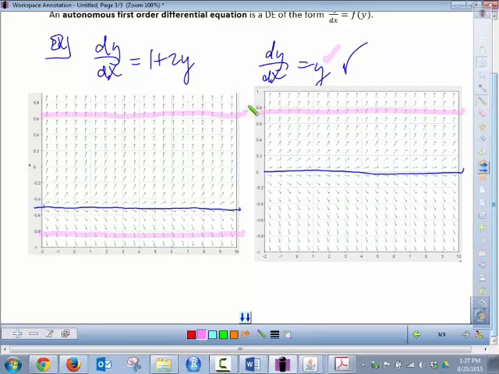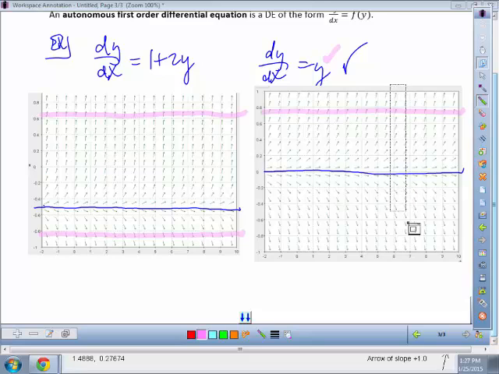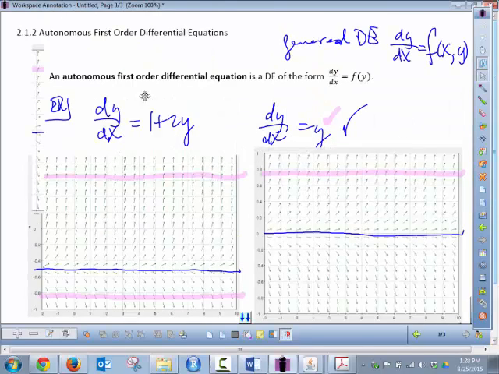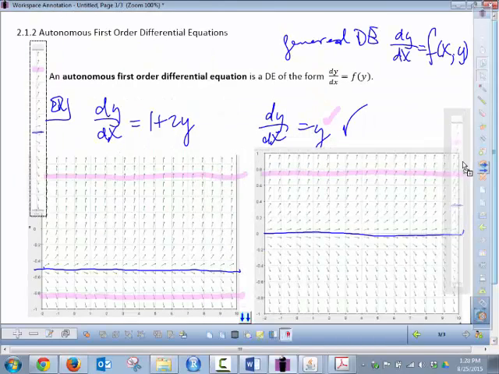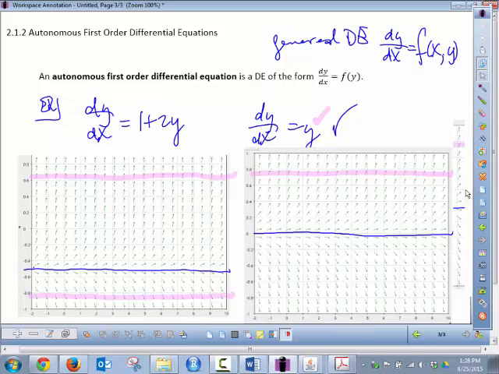So essentially what you can do, now this might be kind of silly, but you could just take a snapshot of one of these things and have this describe your differential equation. You can essentially describe your differential equation by taking your slope field and squeezing it into just one vertical line. Right? That seems kind of interesting.